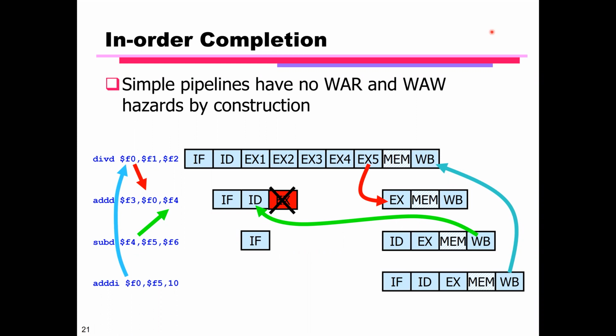In that pipeline, we have prevented the execution of a dependent instruction, a true dependence. We have prevented and delayed it until the operands are free. And everything happens in order.